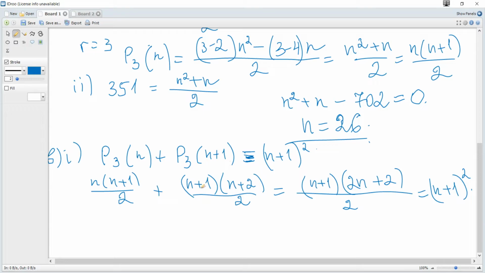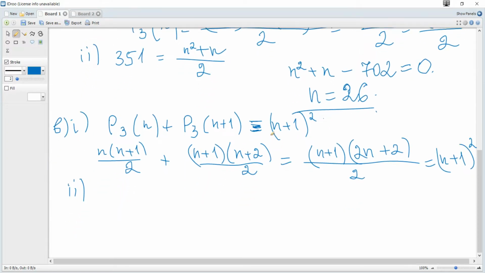The next, 1 mark. State in words what the identity given in part b i shows for 2 consecutive triangular numbers. We need to explain this.